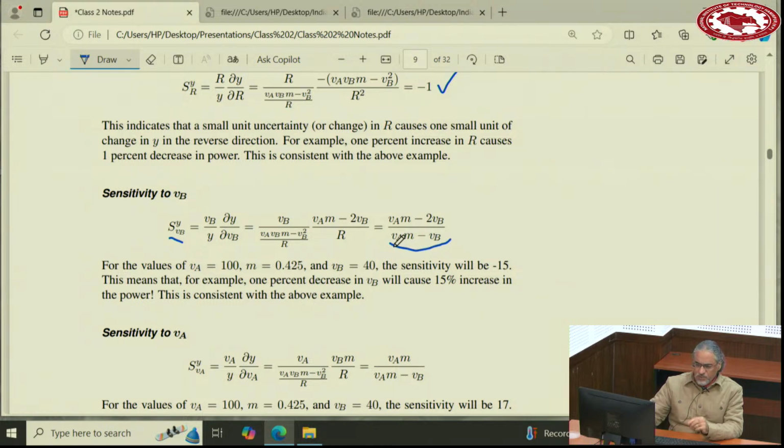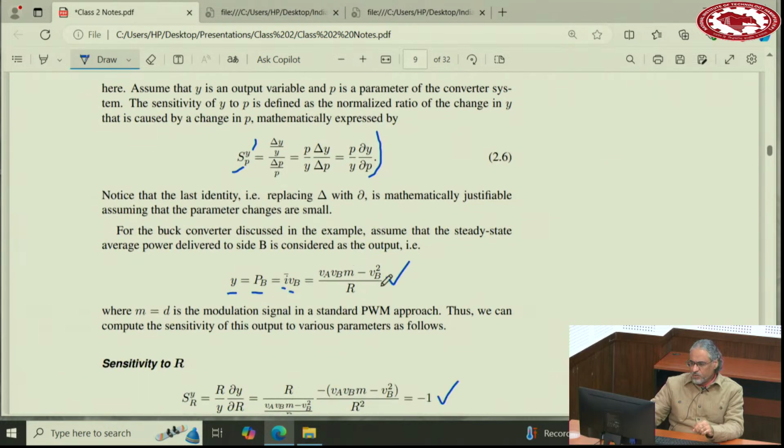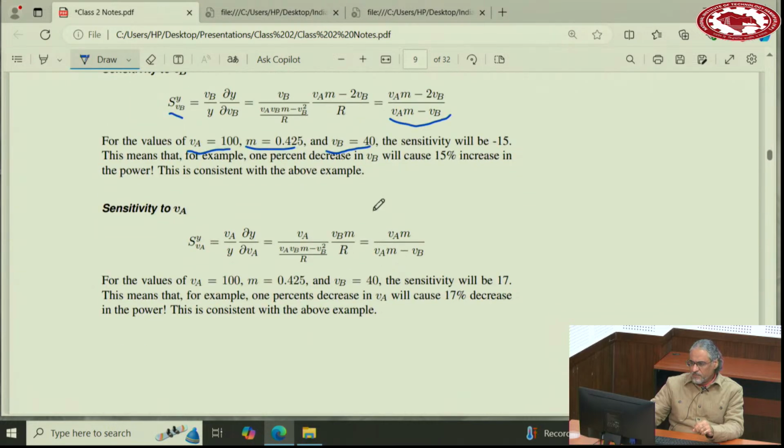Now, these expressions, you can evaluate them at the rated values. So our rated values are 100 for the voltage VA, modulation index is 0.425, and VB is 40. Now if you evaluate them, this one will be 15, right?